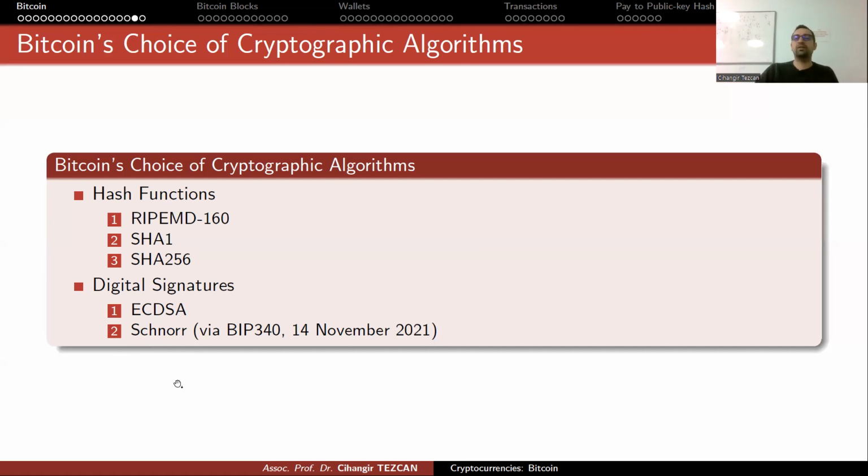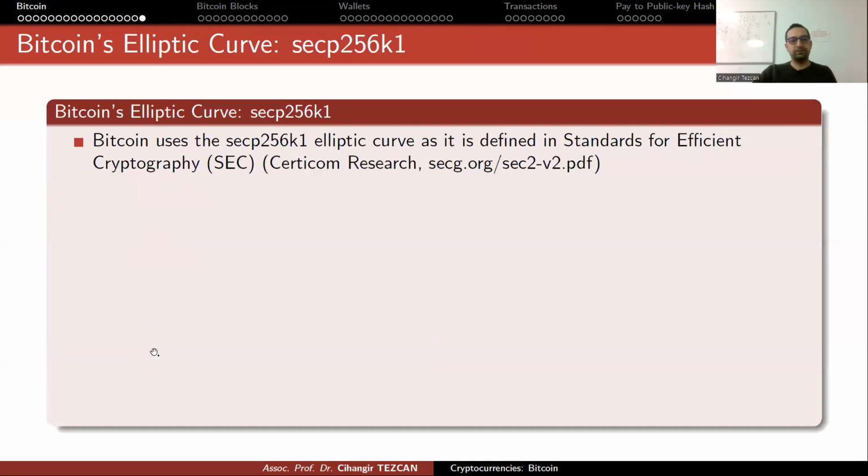But Schnorr signatures were patented until around that time, so there wasn't much confidence in the security of the algorithm. This is why Satoshi chose the elliptic curve digital signature algorithm. But now that the patent has expired, people added it to Bitcoin, and transaction fees are somewhat smaller if you use this kind of signature.